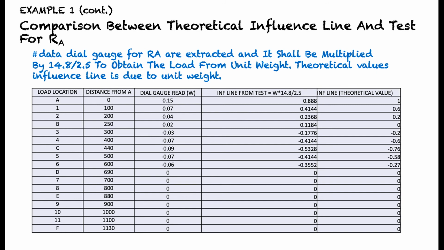Why do we divide by 2.5? It's because we want to get the unit load. So we have the unit load influence line now obtained from the dial gauge reading, and now we can compare with the RA influence line from the theory as shown in the table.